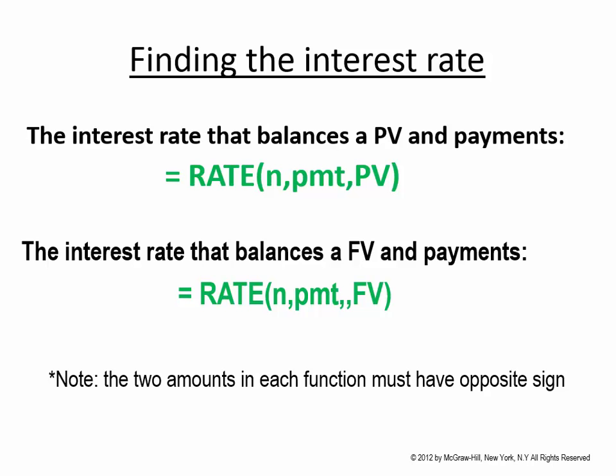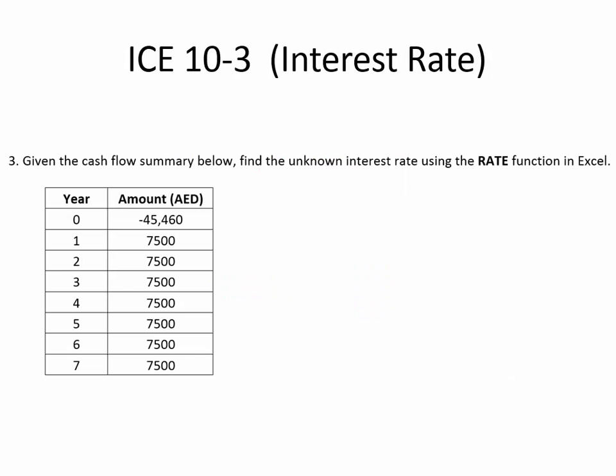In this problem, we have a cash flow where an investment of $45,460 is made up front, and then there's a positive cash flow of $7,500 each year in years 1 through 7. So just type that in and then use the rate function to find out the rate of return for this cash flow.